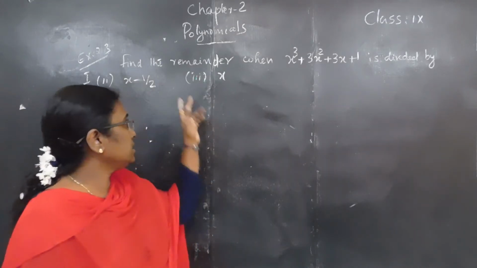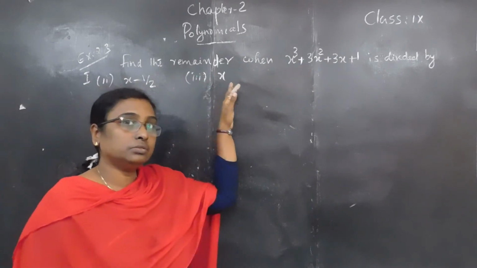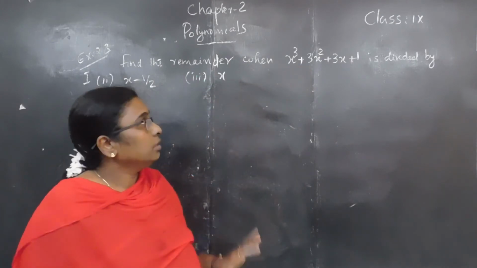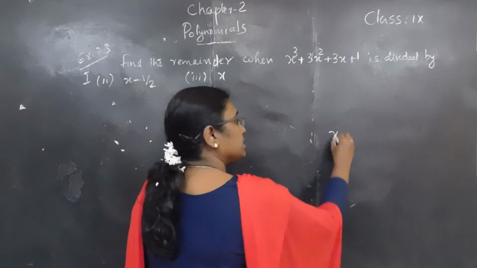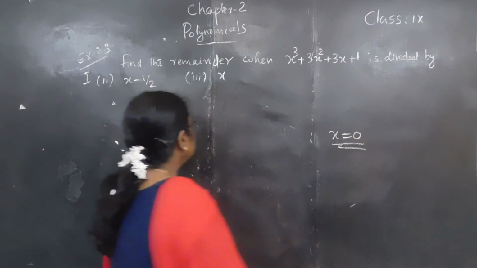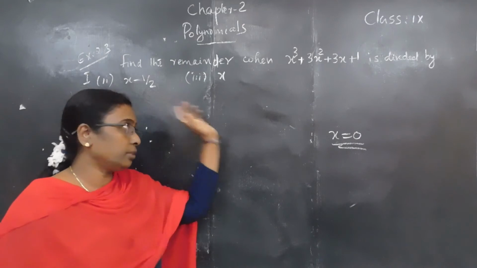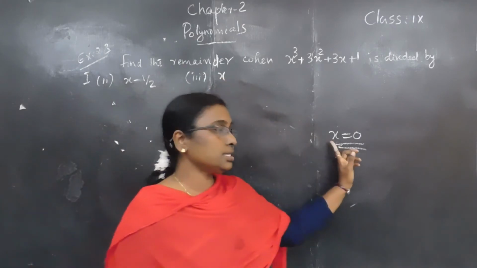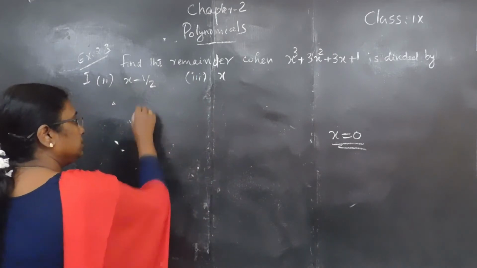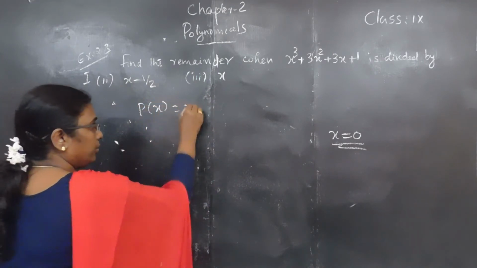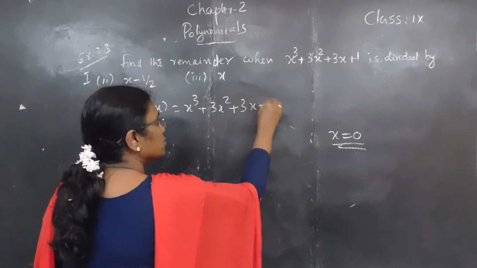The next question is, divide this polynomial by x. What will be the remainder? The 0 of x is x equal to 0. Therefore, the remainder is p of 0, where p(x) is the given polynomial x cube plus 3x square plus 3x plus 1.